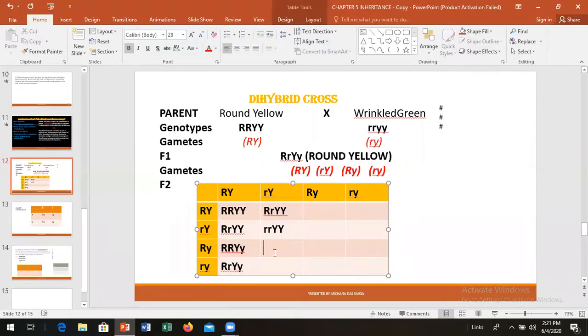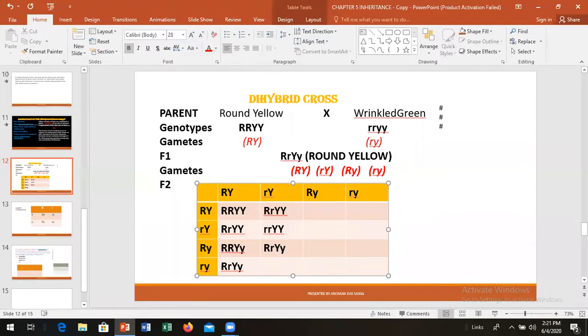What will it be? Small r, small r, capital Y, small y. Small r, capital R, capital R, capital R, Y, small r, capital Y, capital Y, capital Y and small y.